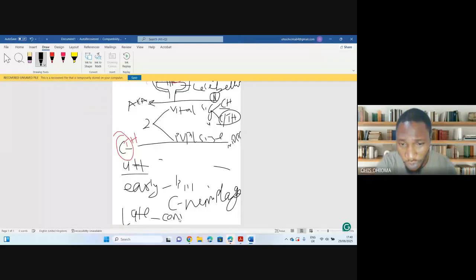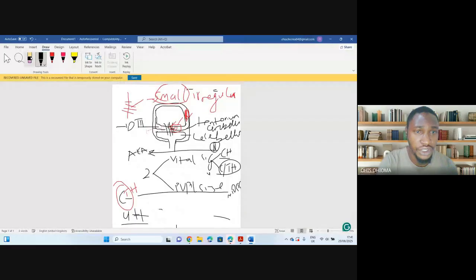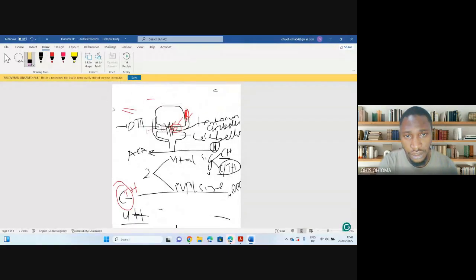So it's giving you a false description of where the lesion is. The patient will now be presenting with a contralateral cranial nerve 3 palsy. Cranial nerve 3 is now contralateral.